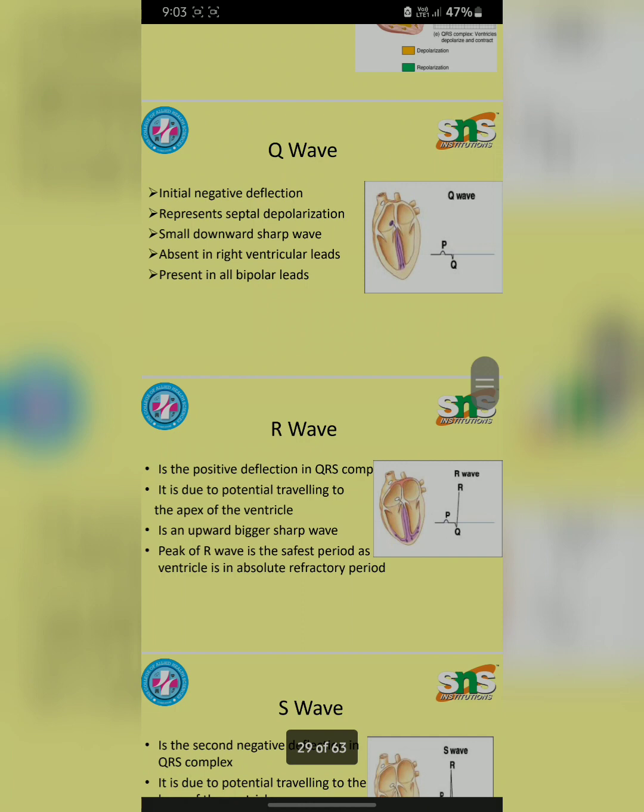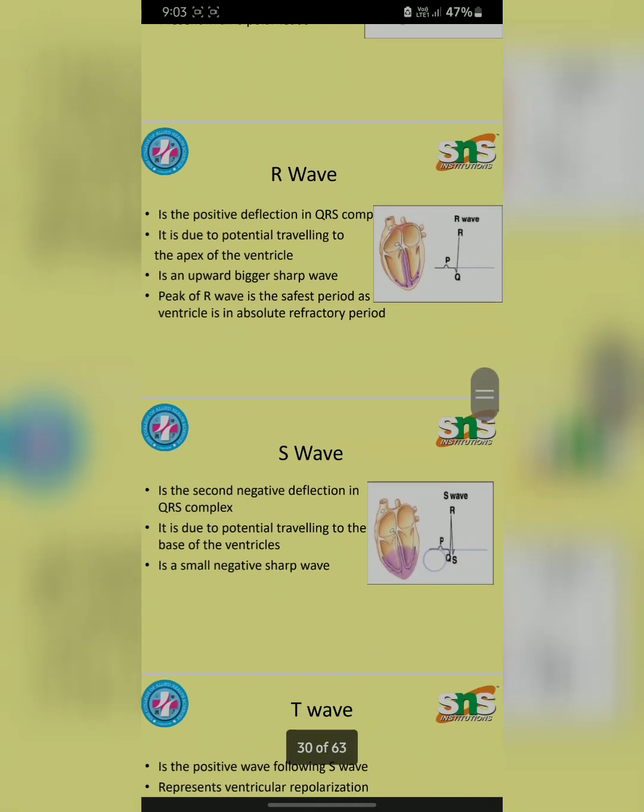It is an upward bigger sharp wave. Peak of the R wave is the safest period as the ventricle is in absolute refractory period. S wave is the second negative deflection in the QRS complex. It is due to potential traveling to the base of the ventricle. It is a small negative sharp wave.